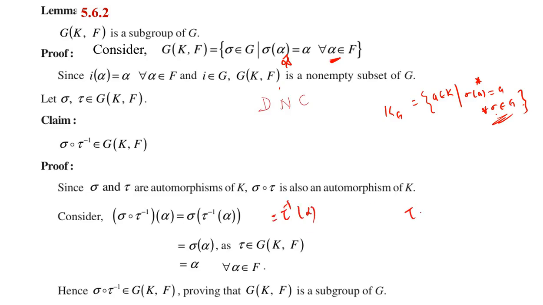But we know that tau of alpha equals alpha, and since it's a bijective mapping, tau inverse can be applied on both sides. So that again gives alpha.